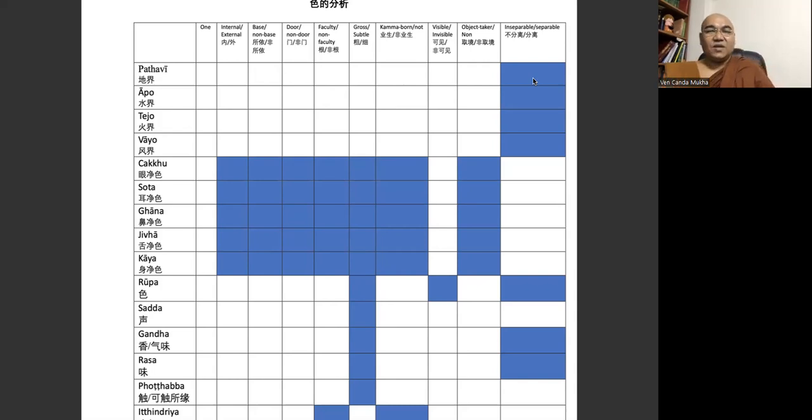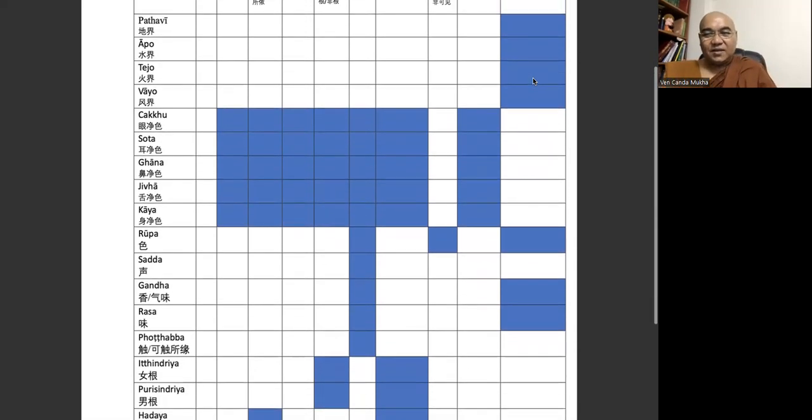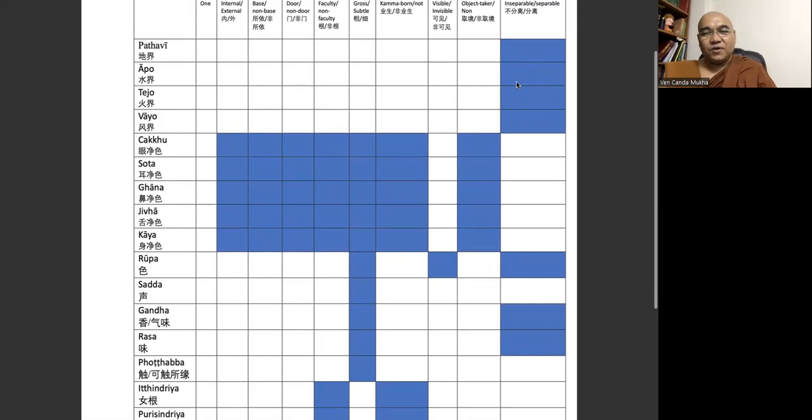So they are eight. Pathavi, Apo, Tejo, Vayo, the four great elements, you can find everywhere; they remain together. And also Vanna, appearance. Whatever color it may be, they have appearance.